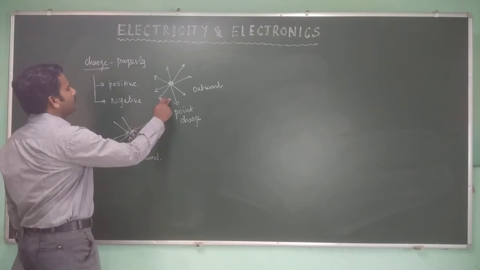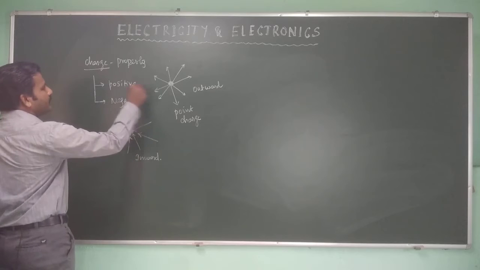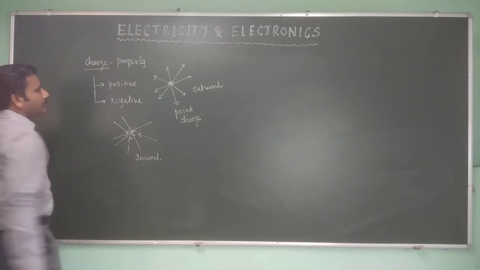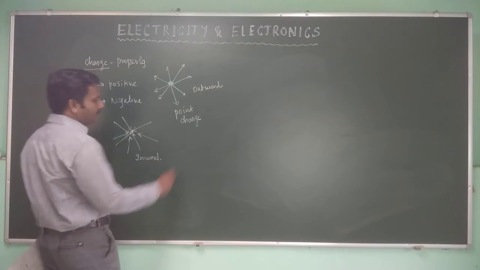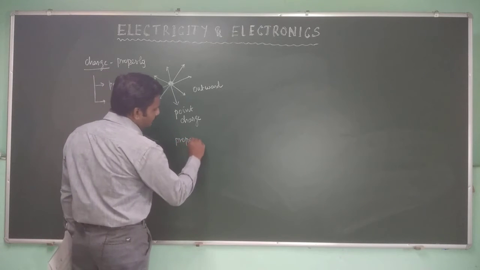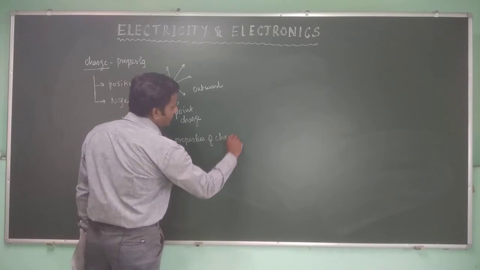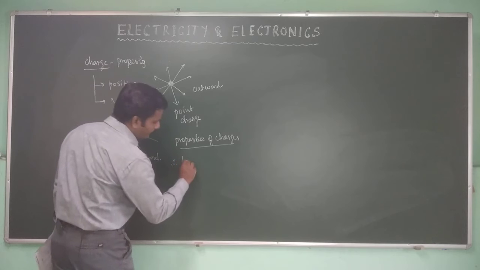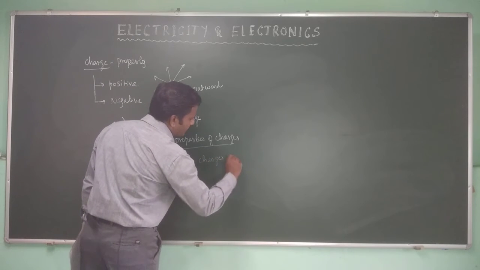The force lines going outward is called positive charge, and the force lines going inward is called negative charge. Due to this, you can define the properties of charges. Point number 1: like charges repel.